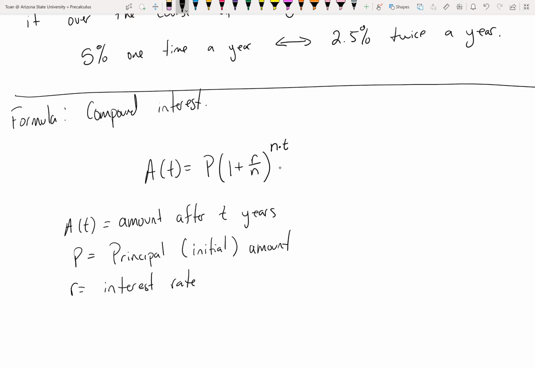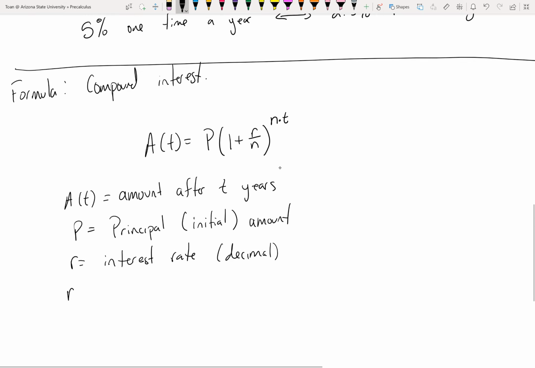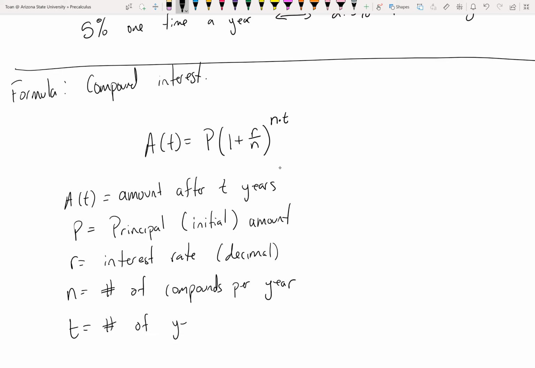But the important thing is, in order to do math, it has to be a decimal. N is the number of compounds per year. And of course, t is the number of years.